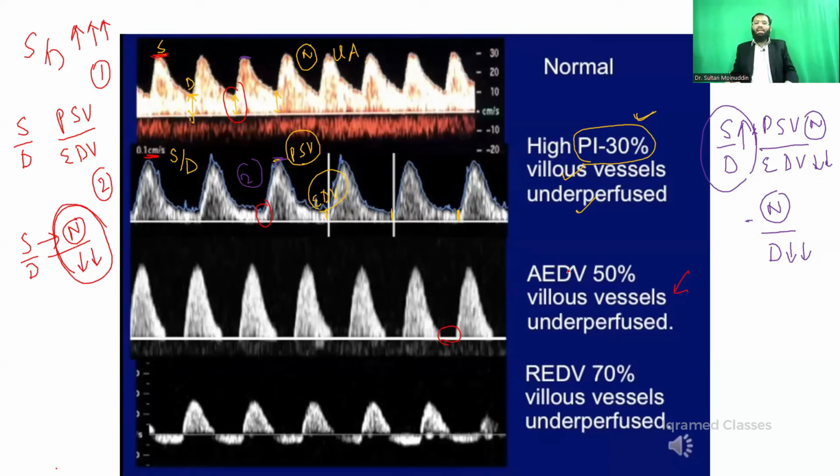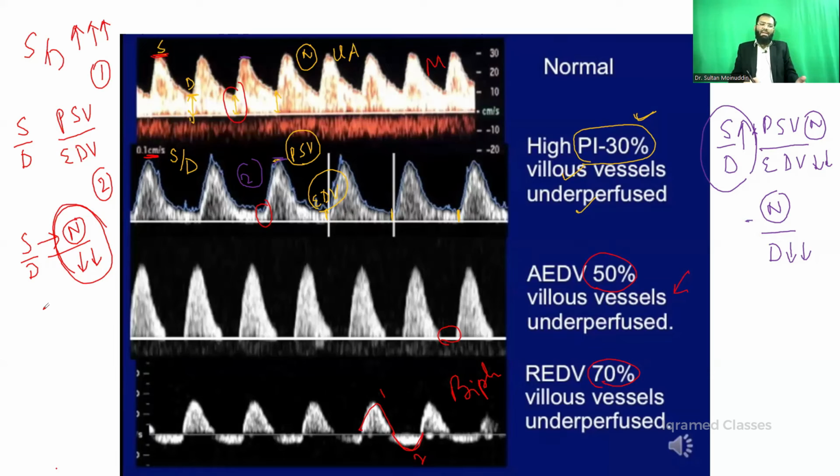And this indicates that 50% of the vessels are under perfused. And then a time comes when 70% of the vessels are under perfused and you get reversal. So what is this waveform pattern? One wave, two waves. This is biphasic. So from monophasic, it went to biphasic.